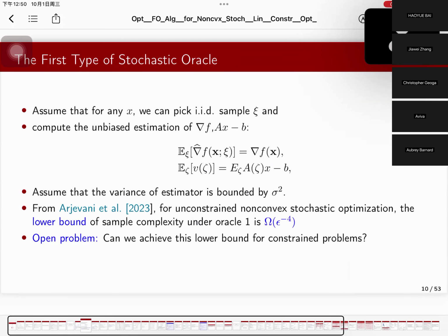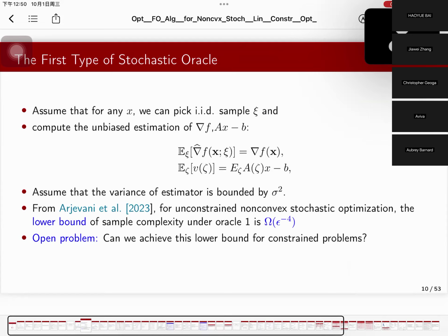For stochastic optimization problems, usually we first need to define the stochastic oracles, meaning what kind of stochastic gradient can be obtained. We will discuss two types of oracles. The first type you might be more familiar with.